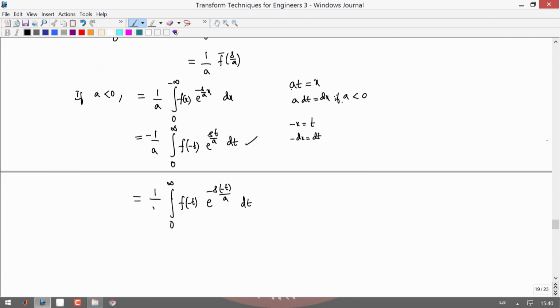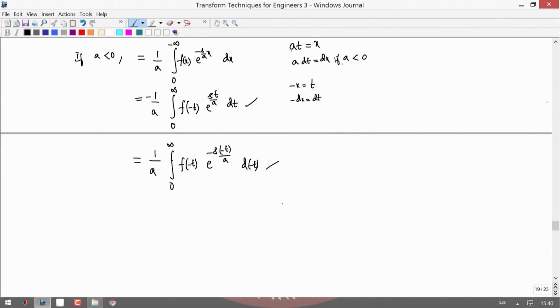Let us keep this as a minus 1 here. The variable minus t is a dummy variable. If you view it like this, this is actually 1 by a times the Laplace transform, basically f bar of s by a, even if a is negative.